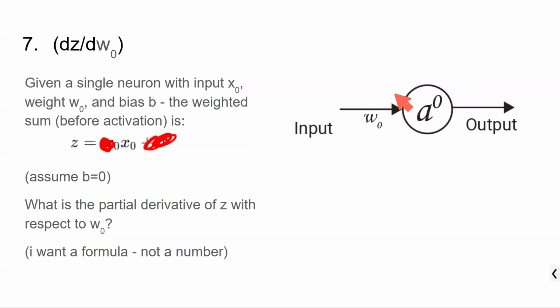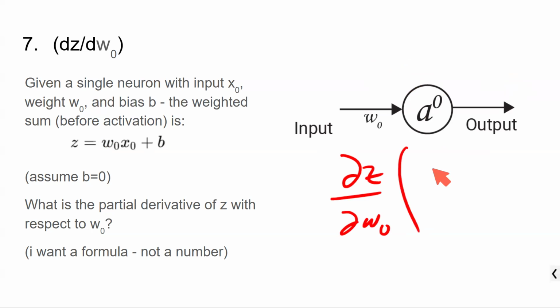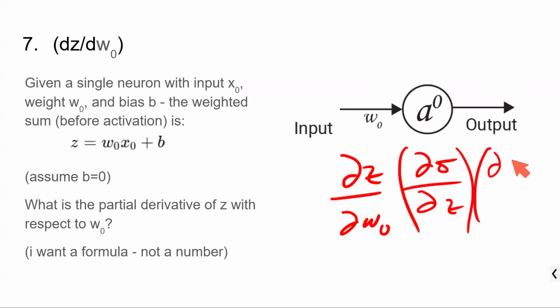The chain rule is going to have to go through dz dw0, and then after that d sigma dz, and then after that d loss d sigma. And this is effectively describing how W0 influences the loss.